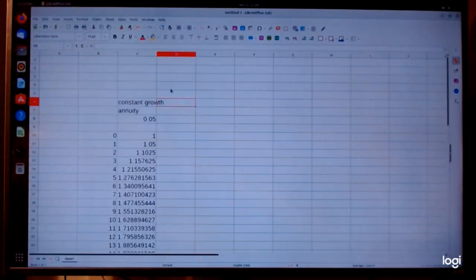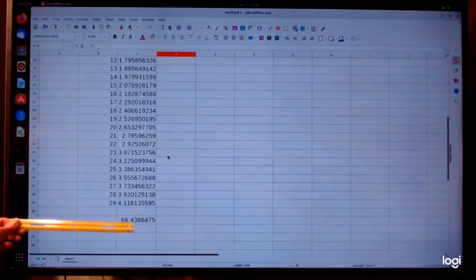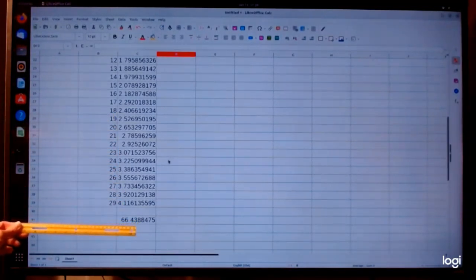Now the lottery winner annuity is $1.35 billion. So where do we start? What's that first payment? Well, since we're working backwards, and we're using 1 unit, it will be proportional to that 1 unit.